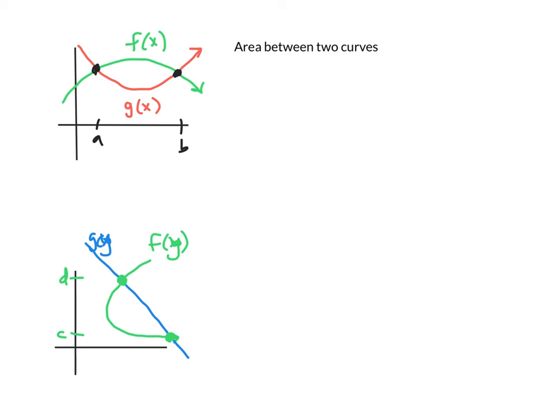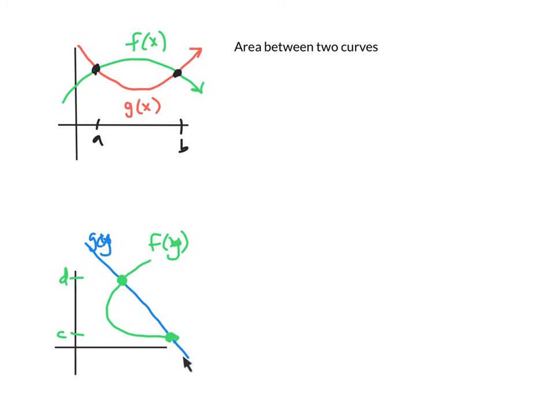If you look at this one down here, and I do want you to copy these onto your laundry list, if you were doing top minus bottom, here, this is top and bottom. Can't use top minus bottom on this particular graph.